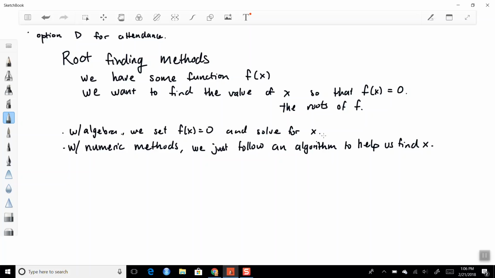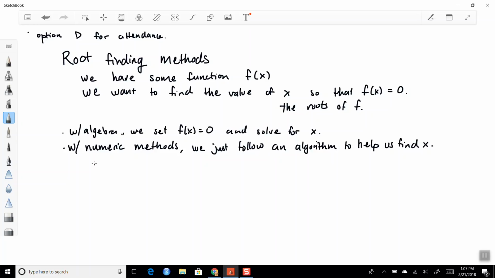The limitation, though, is that because we're doing this on a computer system with floating point numbers, it is possible not to get the exact value. All you can do is get a value that's very close to the true value.